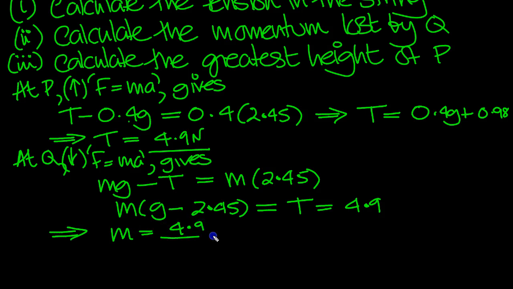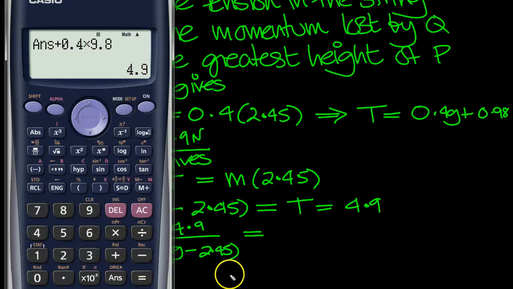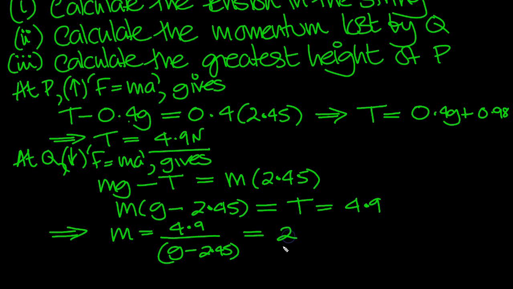m equals 4.9 divided by g minus 2.45. So we got the 4.9 in the calculator, divided by bracket 9.8 minus 2.45, close bracket, 2/3 of a kilogram. Okay, there's our mass.